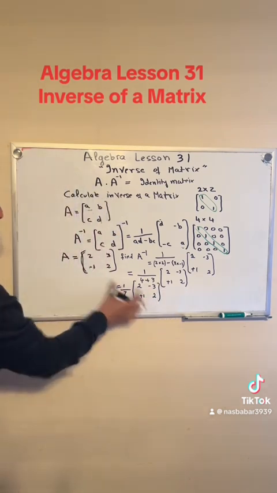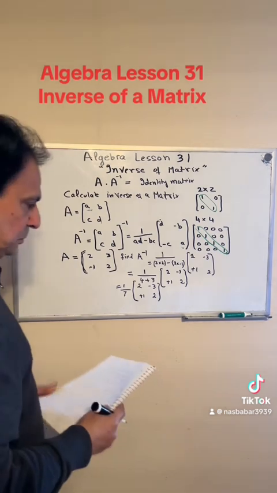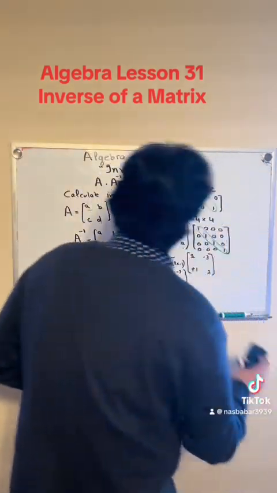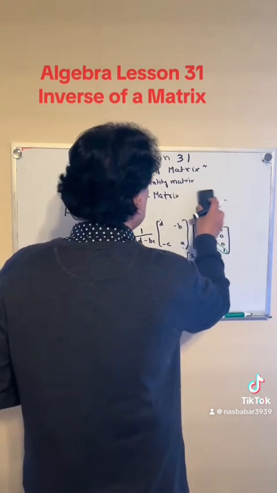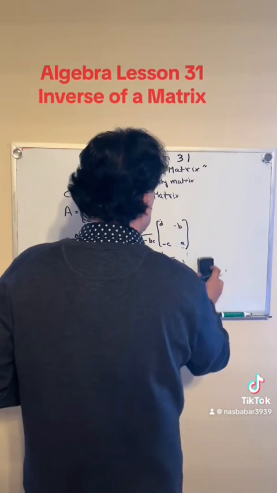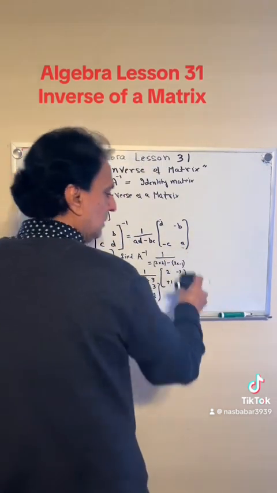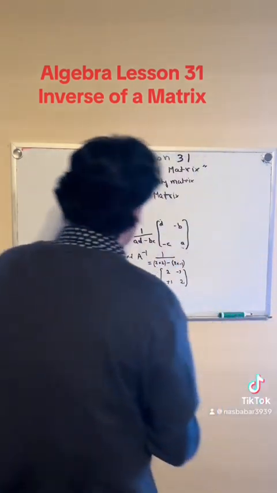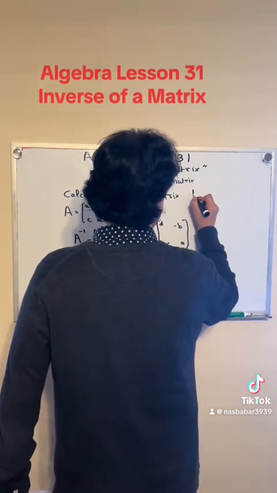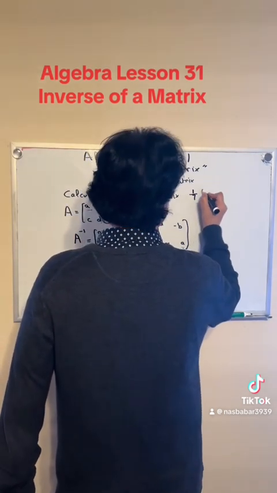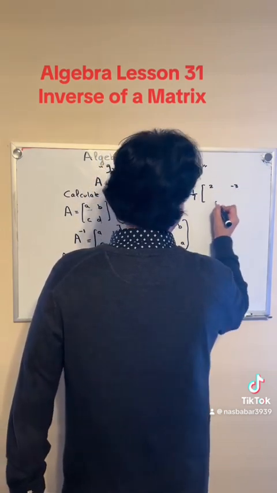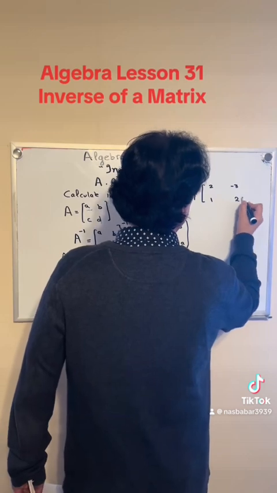Now you have to work on this. I don't have enough room, so I will erase this part right here and finish the problem. Let me write this again so that it's clear. I have 1 over 7 times 2, minus 3, 1 and 2.